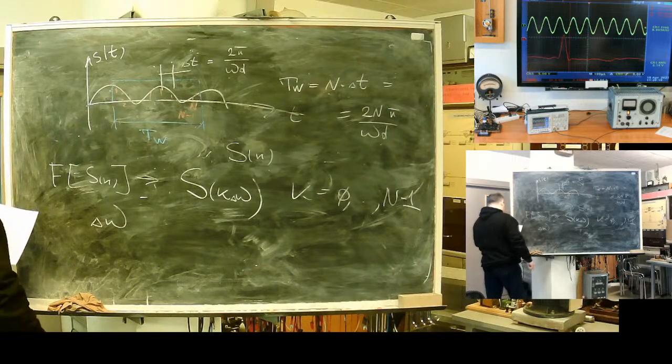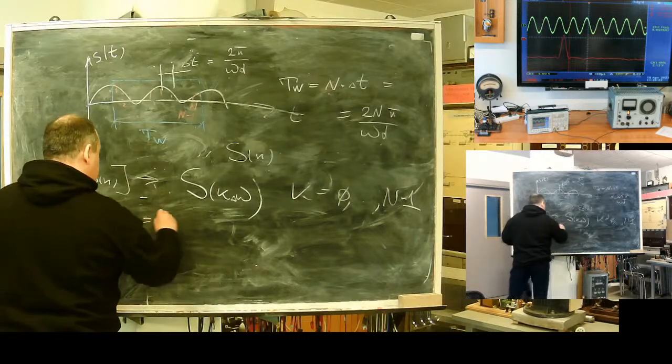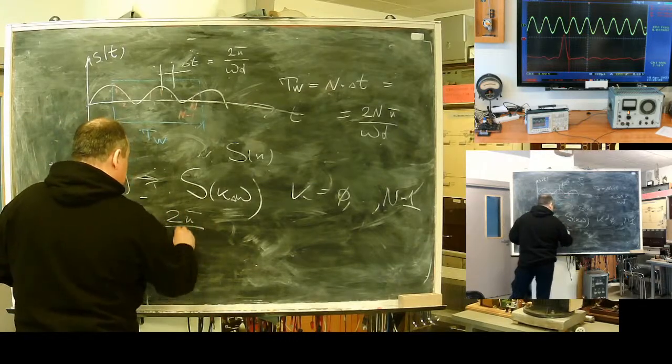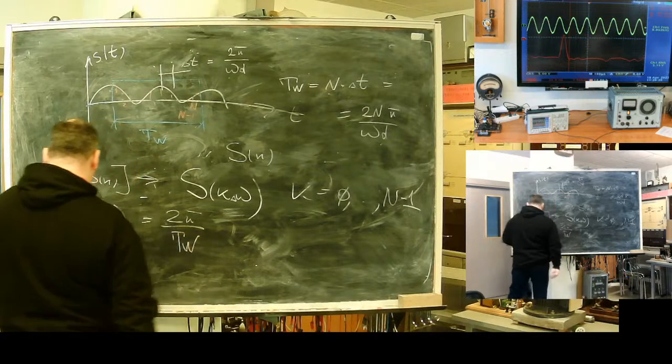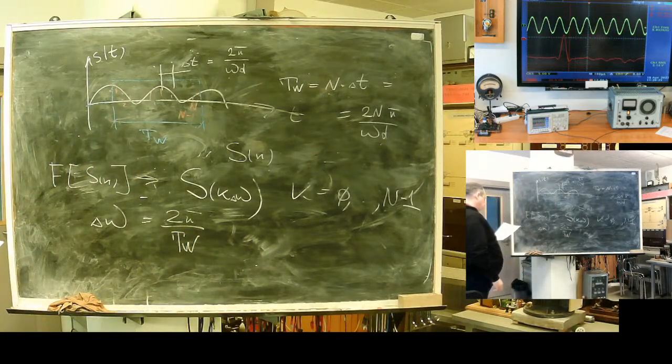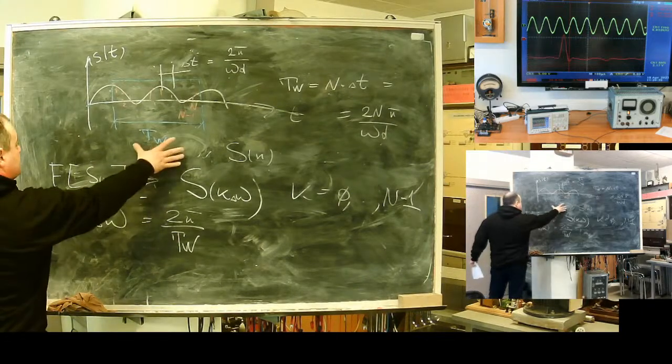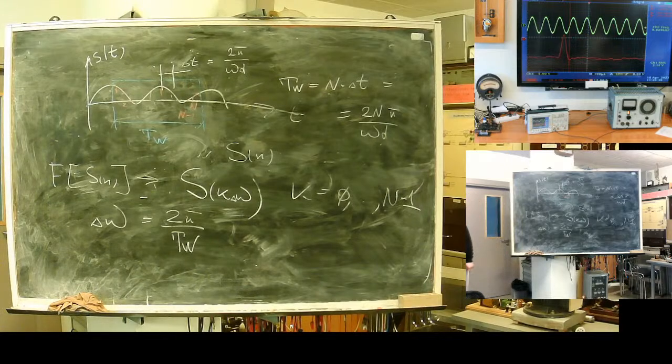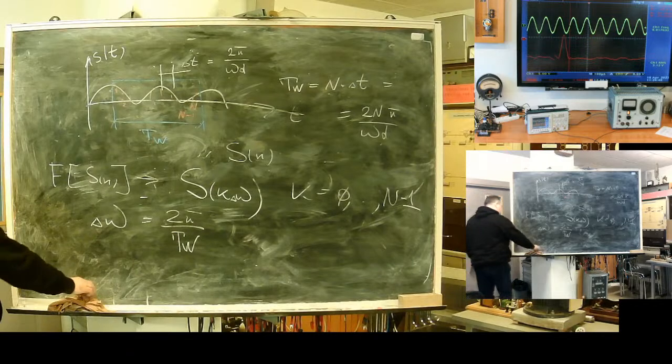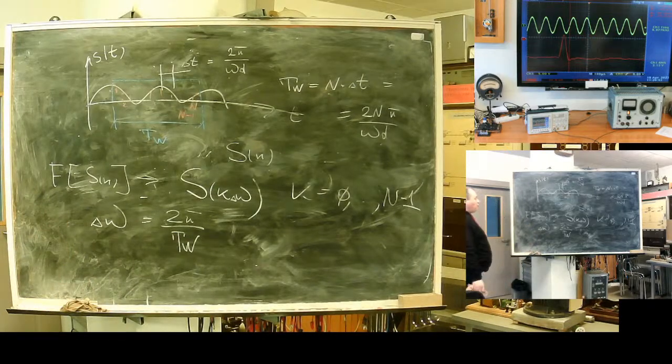The sampling distance in the frequency space will be 2π divided by the observation interval. The observation interval defines the frequency scale, or frequency grid, for the real analysis.